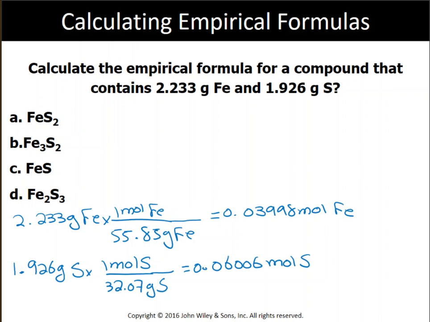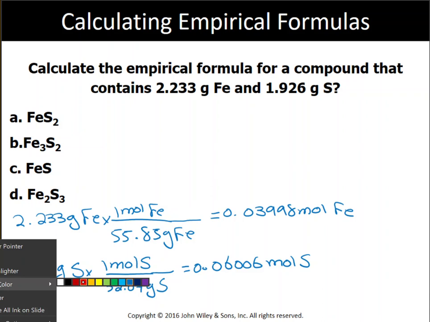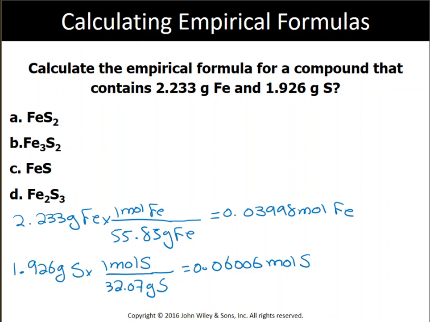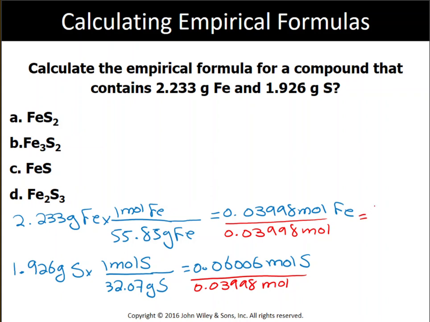Now, next step is finding the smallest molar ratio between these two. So to find the smallest molar ratio between the two, I'm going to divide by the smallest number of moles. Now, this gives 1 for iron, but for sulfur, it gives 1.502.